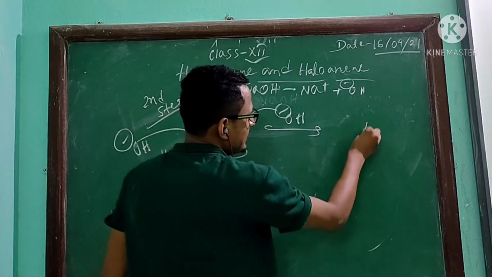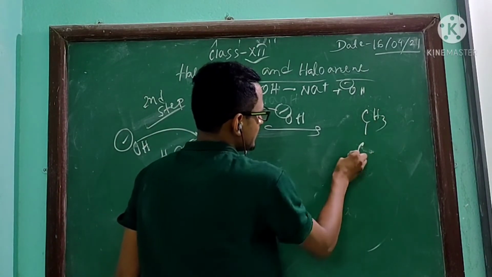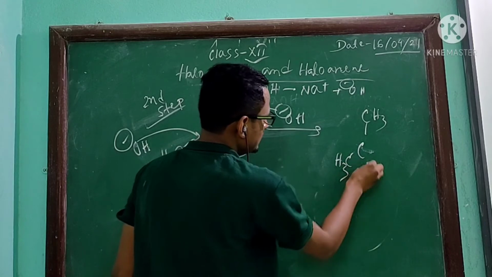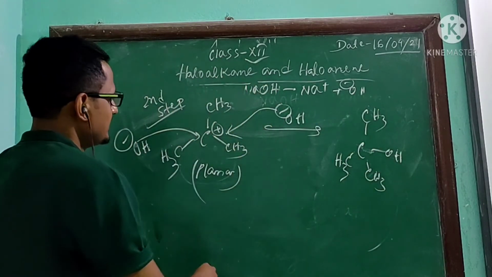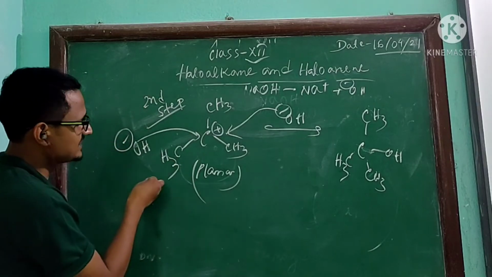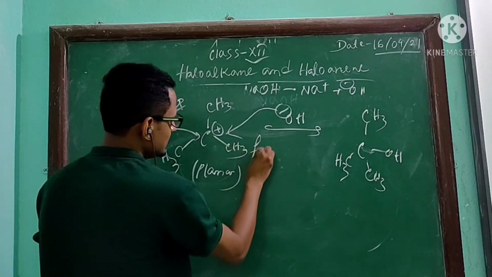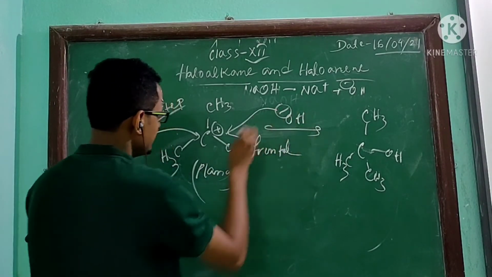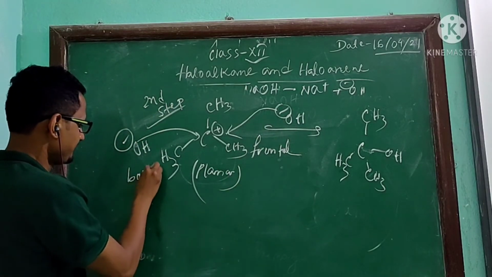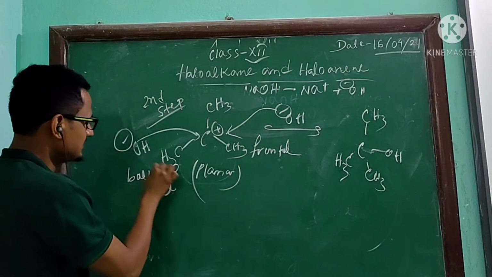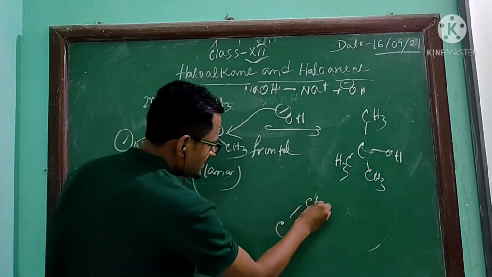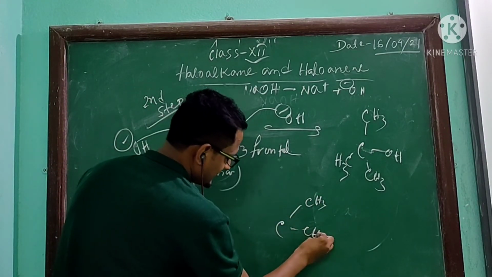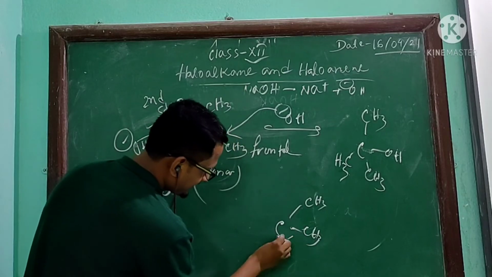So here, if it attacks from this side, then you will get this compound, and if it attacks from that side, that means back side attack. This is frontal attack, this is back side attack. If it attacks by the back side, then you will get a compound which is inverted.